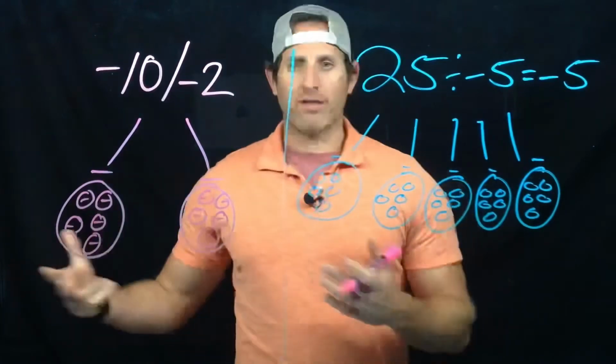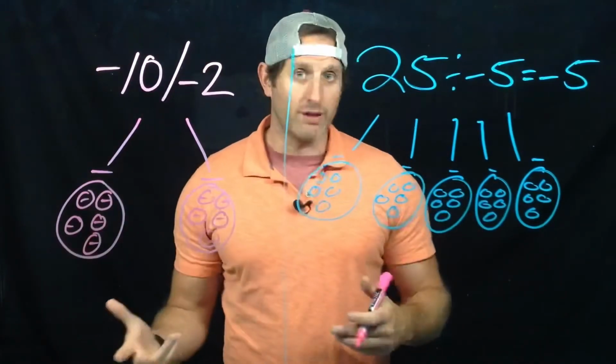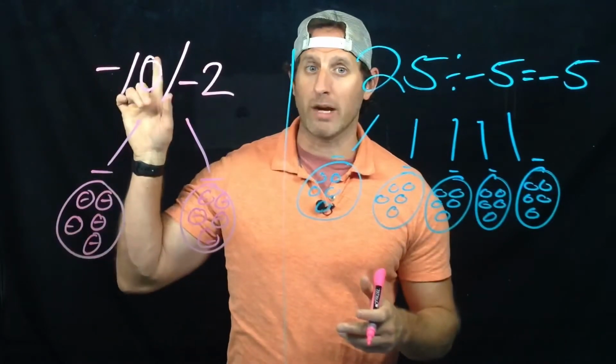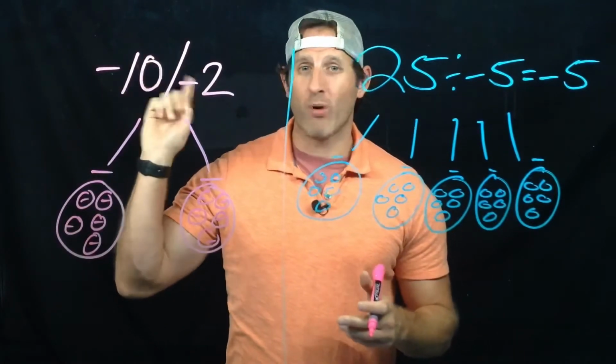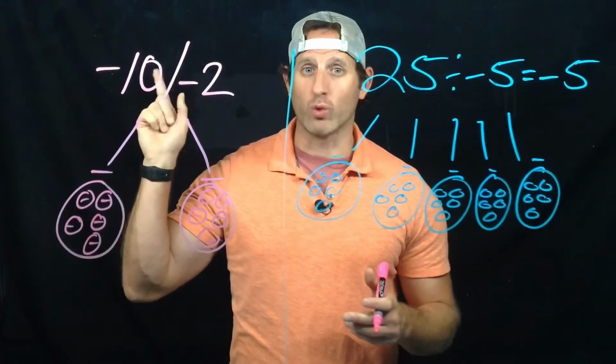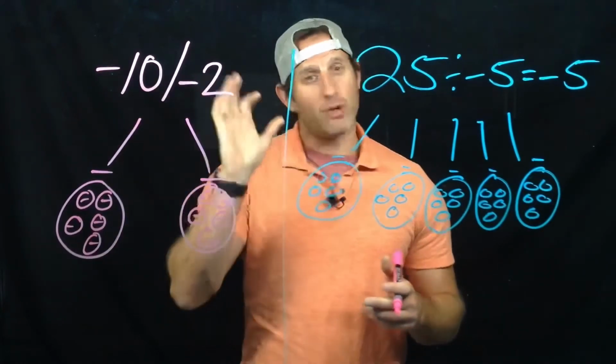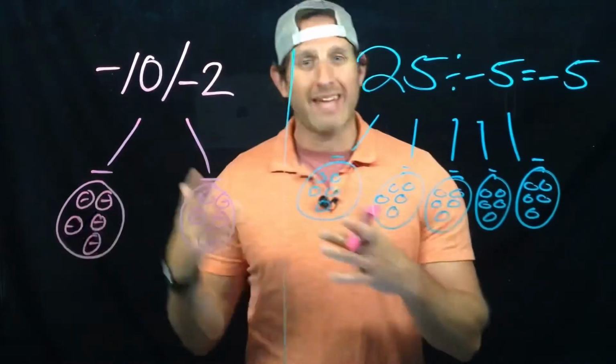And if you remember anything that we talked about with multiplication of integers, if you didn't see the multiplication of integers video, then I'll throw a card in the top right corner for you to go check it out. Probably a good idea for you to check out the rules of multiplication and division of integers. If you remember, we know that negatives will cancel each other out.